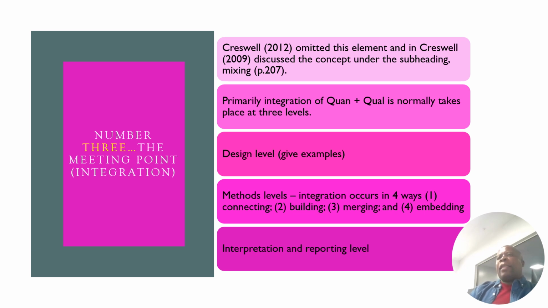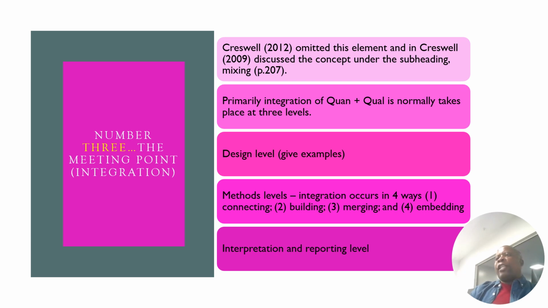Then the last meeting point, which most students love, is the interpretation and the reporting level. This level is preferred by most students because they don't choose the design level, and they also don't choose integration at method level.